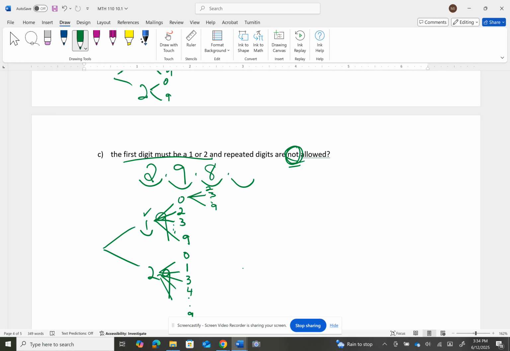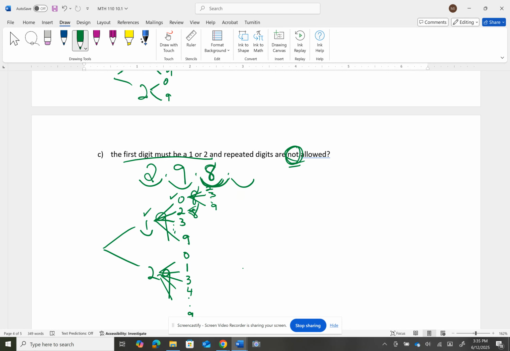I've already used up 2 of the digits. I'm down to only having 8. And that would be true for each of these. It would just be a different 8, but there'd be 8 possibilities here, 8 possibilities here. So it would turn out to be a uniform tree diagram, and after I've picked my first and my second digits, I've used up 2 numbers, and so there'd only be 8 left.